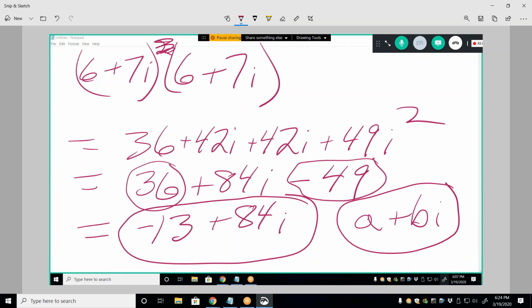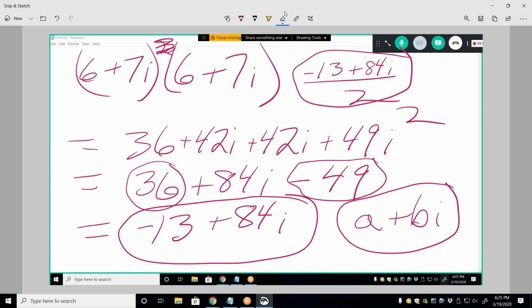And sometimes you can end up with something like the following. You could end up with negative 13 plus 84i over 2. Well, that's not in the format of a plus bi. How would you convert that to a plus bi?